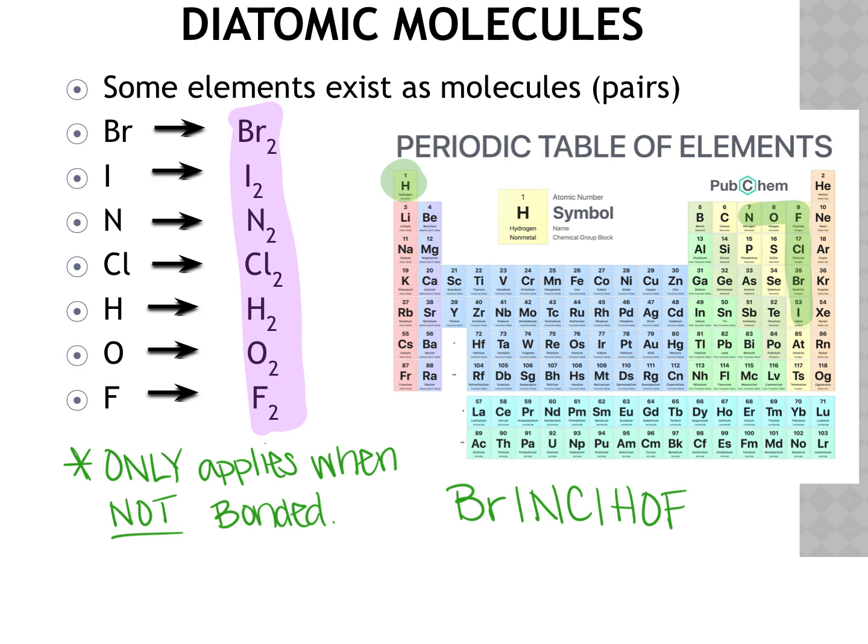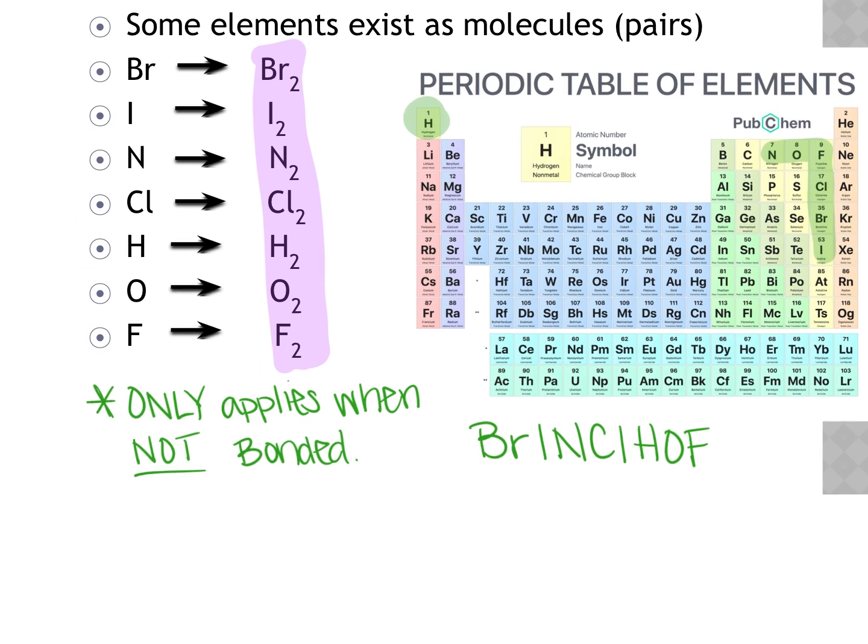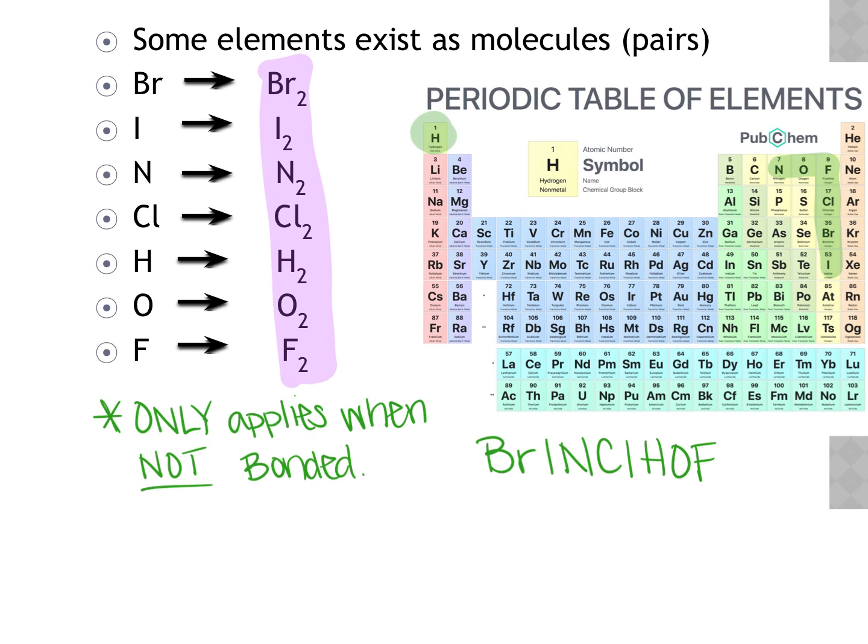I'm going to use oxygen as my example. If oxygen is just hanging out by itself, how many of you have been to the hospital and seen the oxygen tank? What formula is on the oxygen tank? Is it just O or is it O2? It's O2. There's no such thing as just a single oxygen atom hanging out.